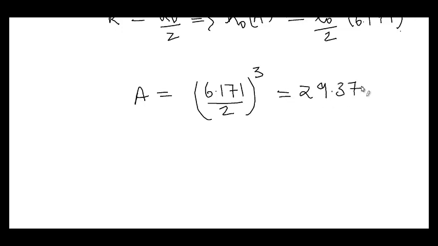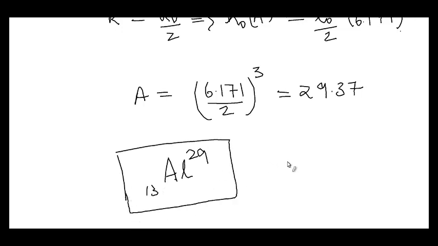So now we have to figure out which nucleus has about this mass number. That is actually aluminium. Aluminium has mass number 27 and atomic number 13. So if you take the nucleus of aluminium, then its radius is almost half of the radius of uranium-235.